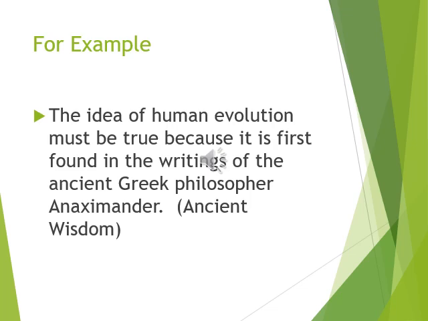It was, in fact, originally thought of by the ancient Greek philosopher Anaximander, but that doesn't mean it's true because he thought of it. Rather, human evolution is true if there's evidence to support it, and that evidence would be in the fossil record and in biology and all of the other relevant sources that we would look to support such an idea, not because it's very, very old.